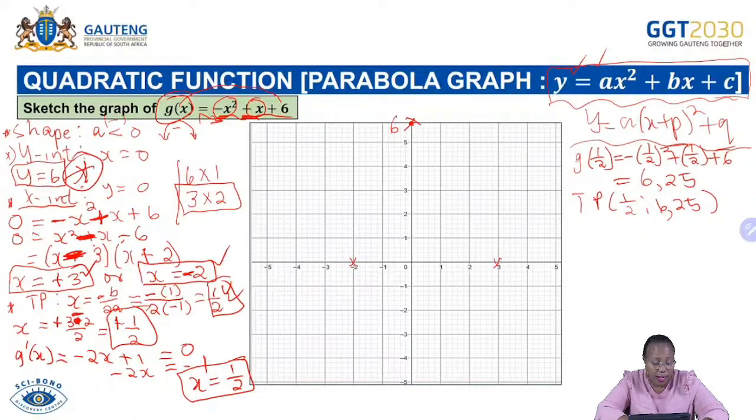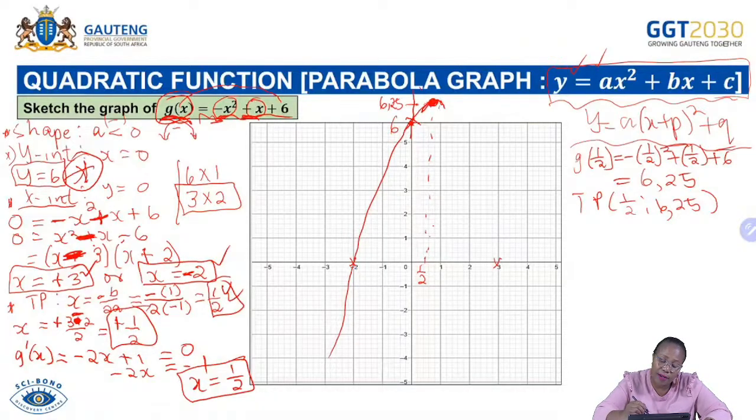The turning point will be at positive half, sharing with 6,25 going up there. At 6,25 they are sharing, so it will be a point at the turning point. This is the maximum turning point, turning this way then to your intercepts. That is the graph we are expecting from you, grade 12, which is facing downward.